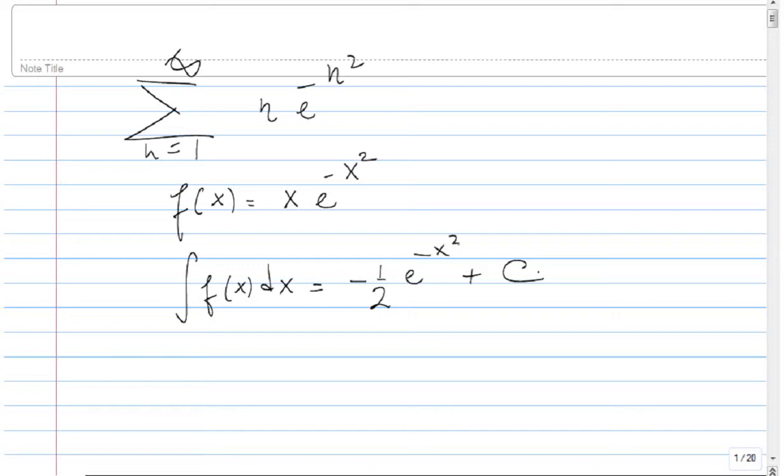Since we know how to integrate, this is a perfect example where we can use the integral test and connect the improper integral of f(x) from 1 to infinity to the series.